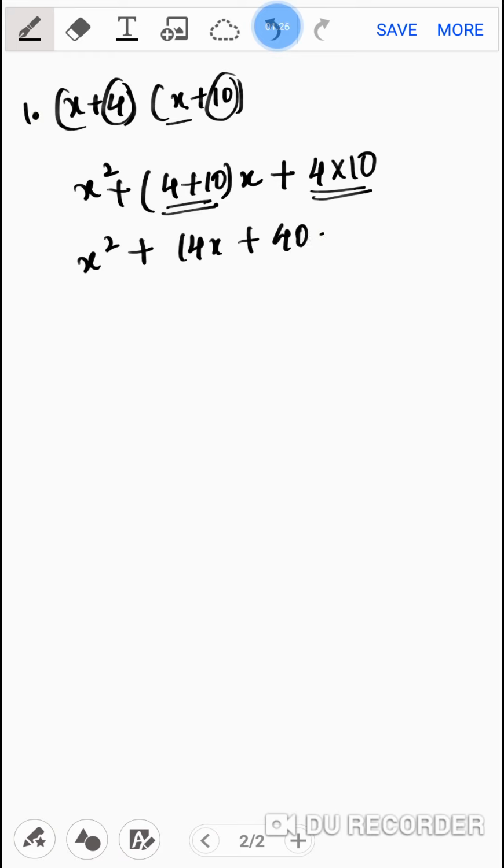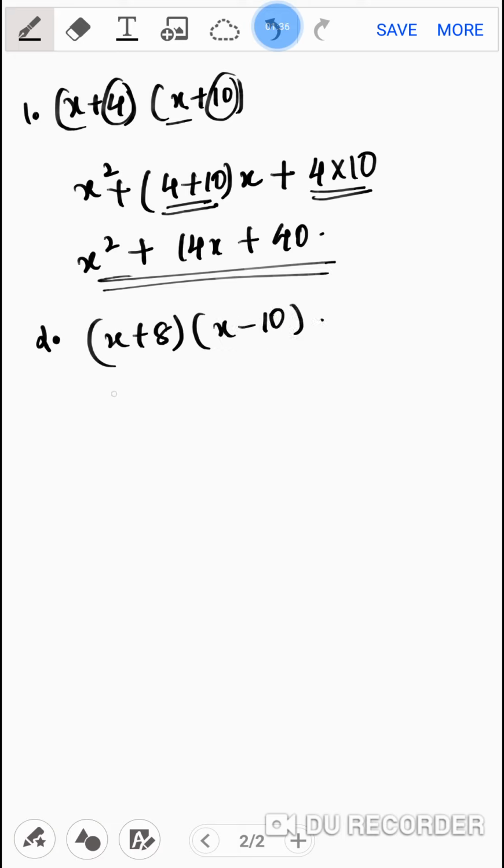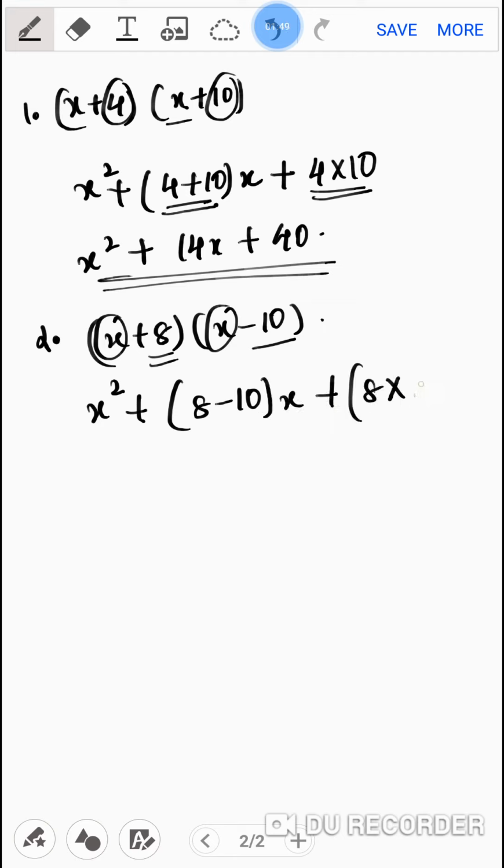This is your problem number 1. Second, x plus 8, x minus 10. My dear kids, we will multiply x with the first terms, plus 8 minus 10 with x, and then again plus 8 into minus 10.